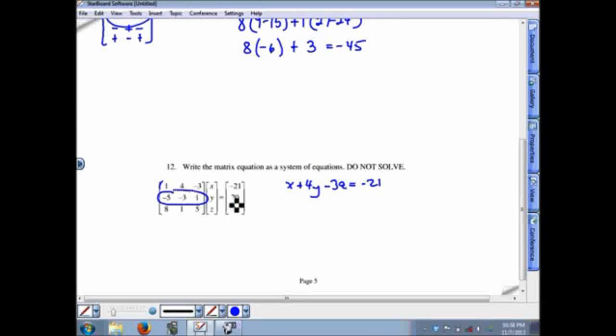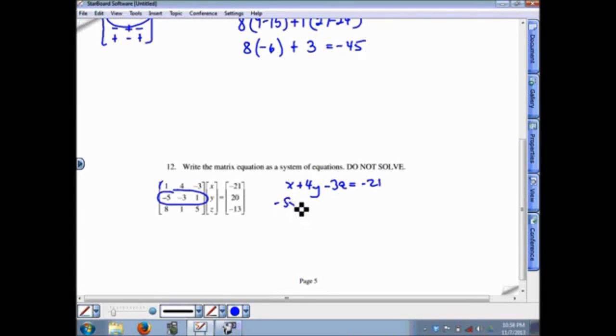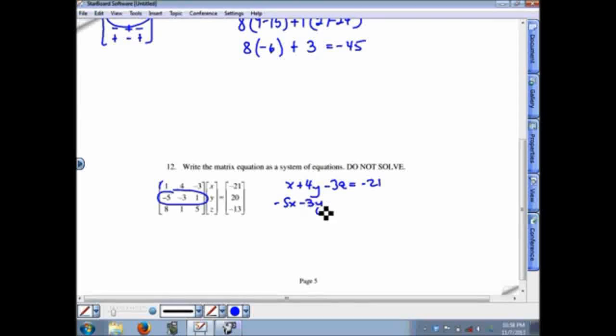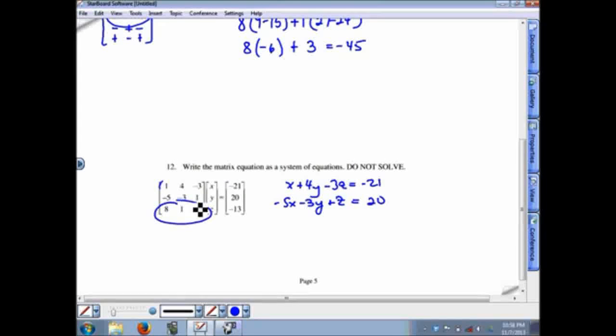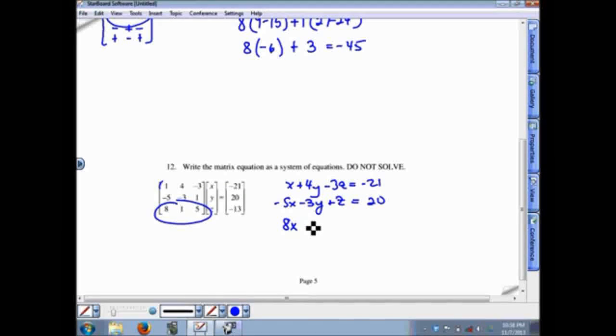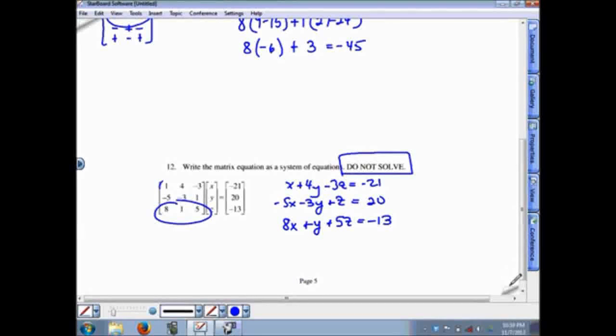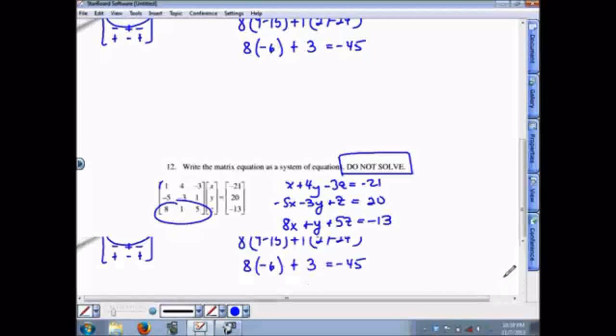This middle row here are the coefficients of the next equation, negative 5x minus 3y plus z is equal to 20. Bottom row are the coefficients of yet another equation, 8x plus y plus 5z is equal to negative 13. It says specifically, do not solve. So you just leave it.